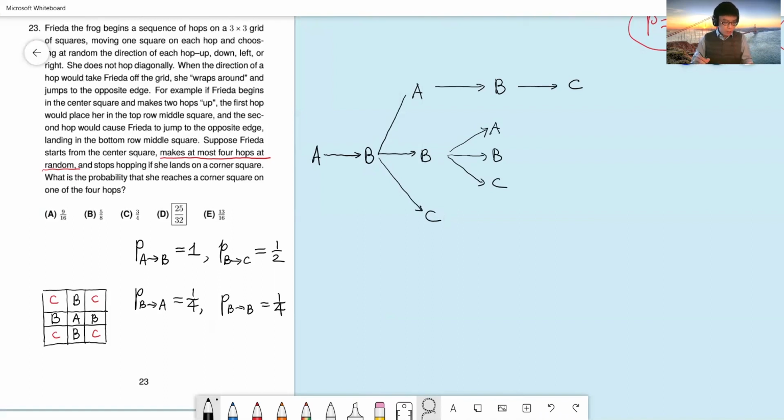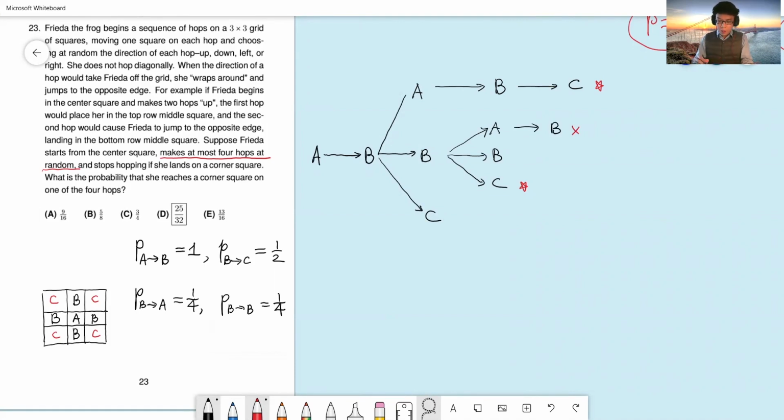The last case provides the conclusion here. We can stay at the C here. For A, in order to get to C, there's no way, because from A the next step we can only go to B. So this case does not provide any possible way to reach C within 4 steps.